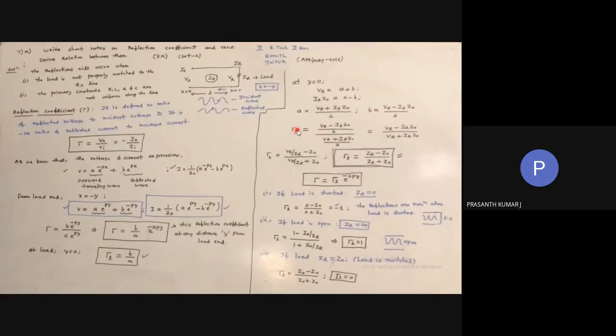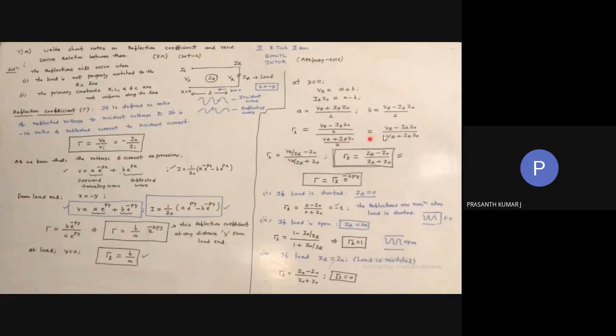So how can you define the reflection coefficient? B by A. This can be written as VR minus IR Z naught by 2, divided by VR plus IR Z naught by 2. The 2 gets cancelled: VR minus IR Z naught by VR plus IR Z naught.